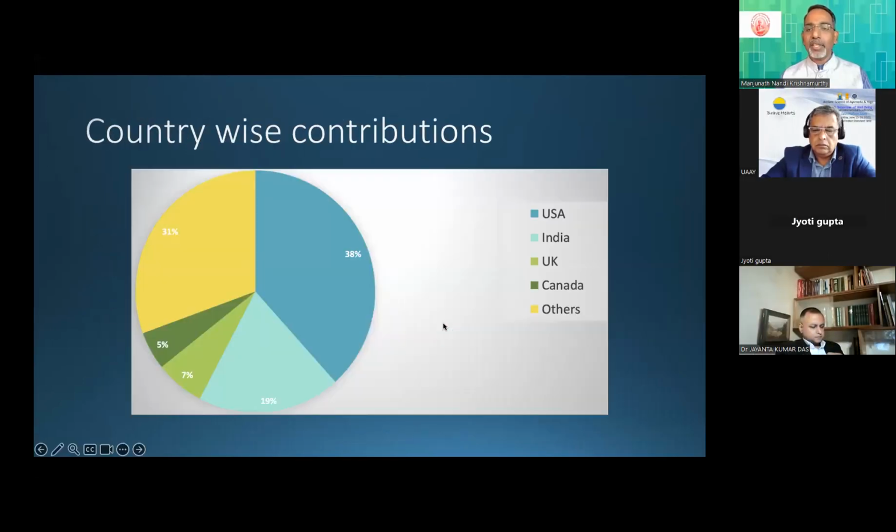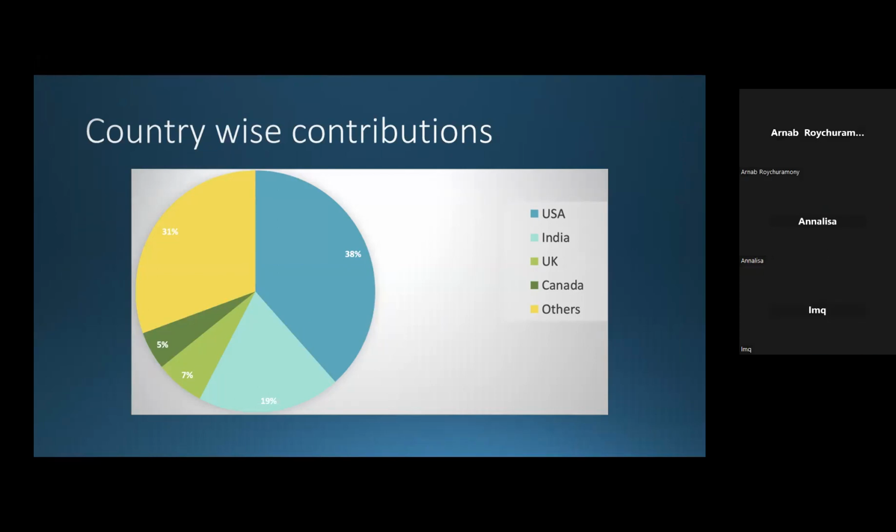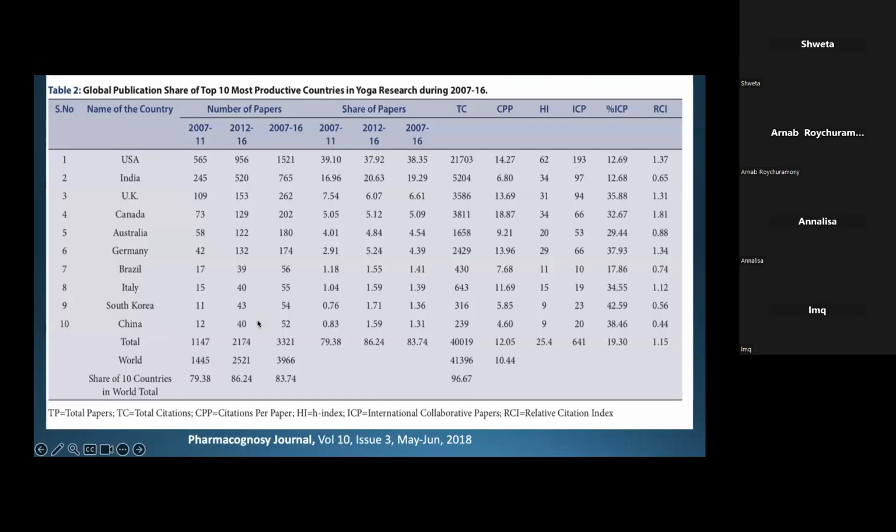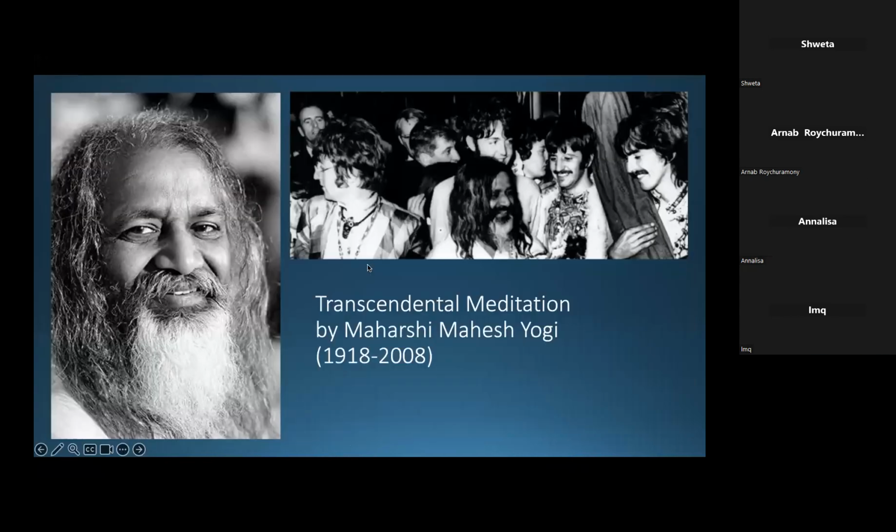Many countries have contributed. Meditation research has become global. The USA has contributed a lot, with 38% of publications, while India, UK, Canada and several other countries, including smaller countries in Europe and Africa, have all contributed to meditation research.